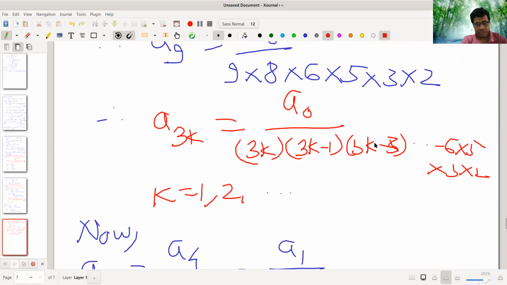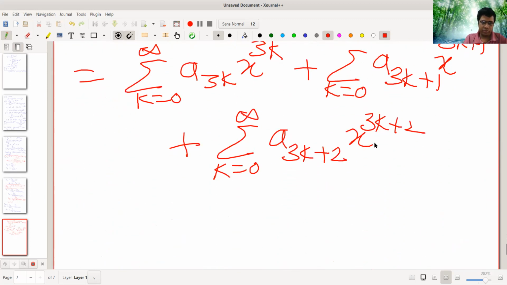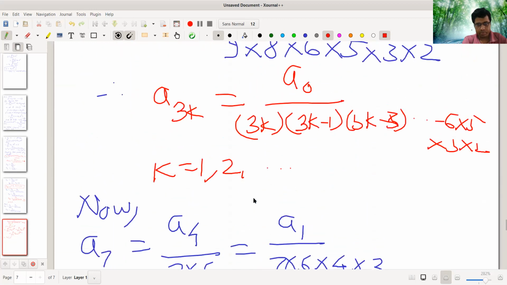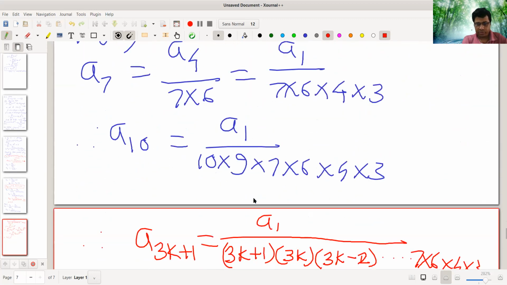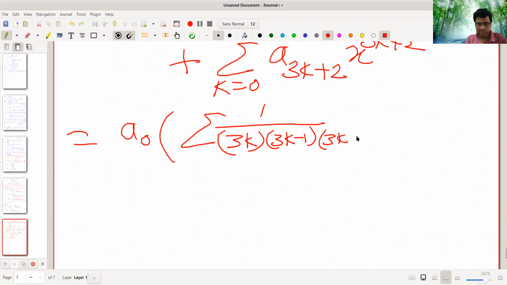A3k is in terms of a0. A0 is constant, so it may be common: a0 into the sum of 1 upon 3k, 3k minus 1, there is a gap, 3k minus 3, then 3k minus 4, then again gap, and so on.